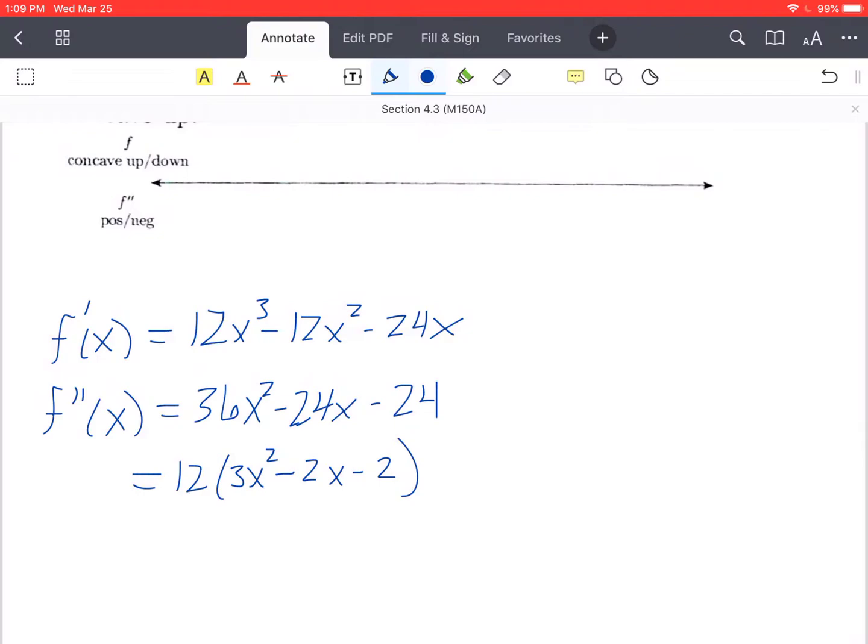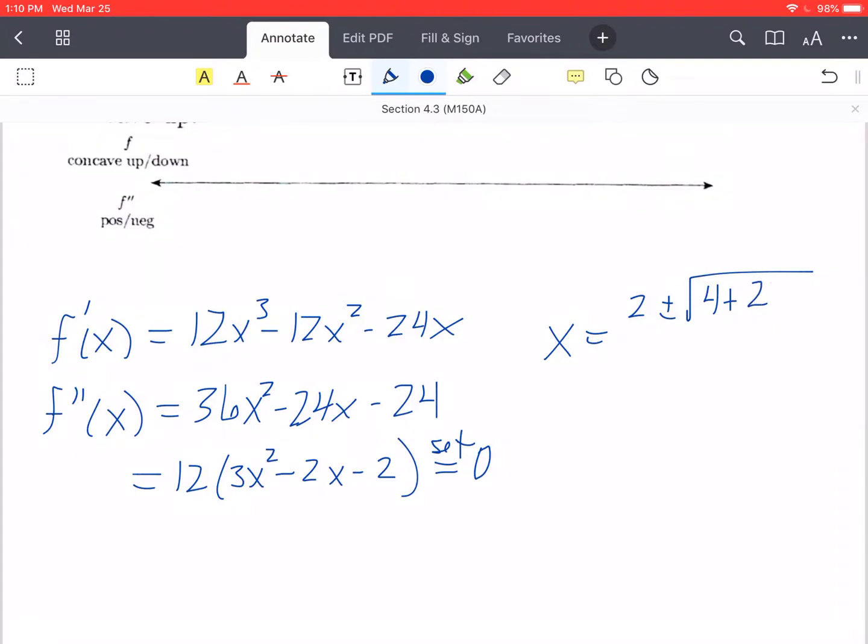So we do need to check. You can try completing the square on it, or you can use the quadratic formula, which is what I'm going to do. So we get x equals negative b, so that's negative negative 2, so that's 2, plus or minus the square root of b squared, so that's 4, minus 4ac, so that's 4 times 3 times negative 2, so that's going to become a plus.